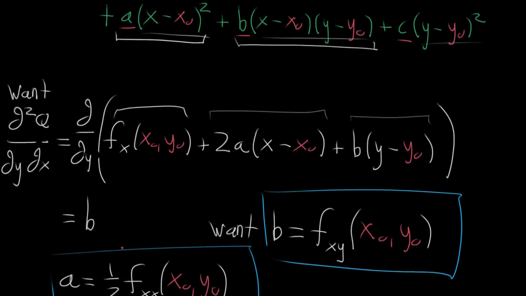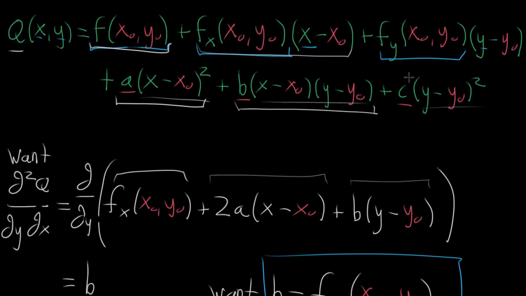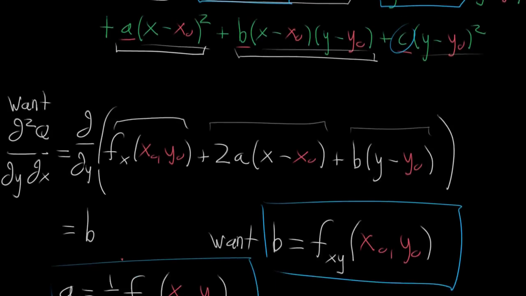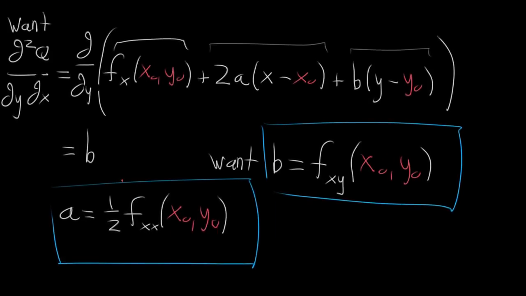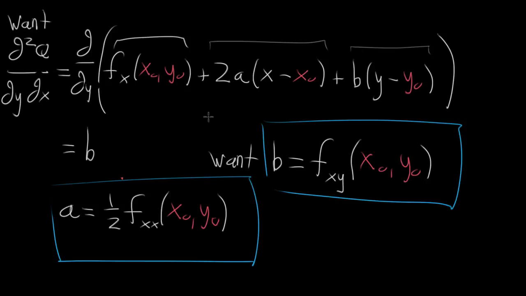And now for c, the reasoning is almost identical. It's pretty much symmetric. We do everything that we did for the case of x, but instead take the partial derivative with respect to y twice in a row. I encourage you to do that for yourself. It'll definitely solidify everything we're doing here, because it can seem like a lot of computations, but you're going to get basically the same conclusion you did for the constant a.